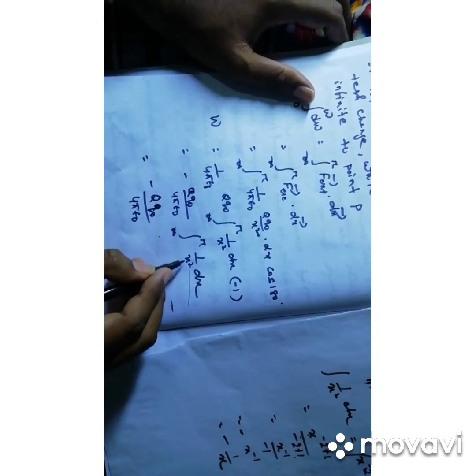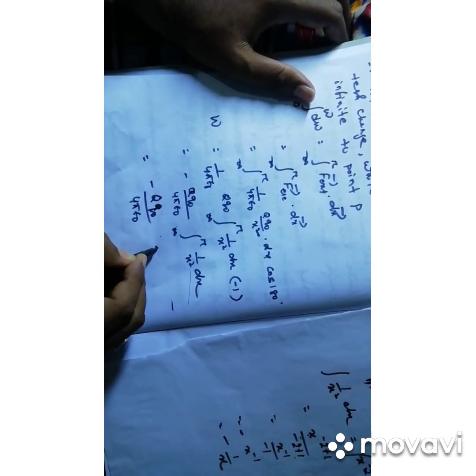So in that case, minus q naught divided by 4 pi epsilon naught. Here the integration of 1 by x square dx can be represented as x to power minus 2 plus 1 divided by minus 2 plus 1, limit from infinity to r.